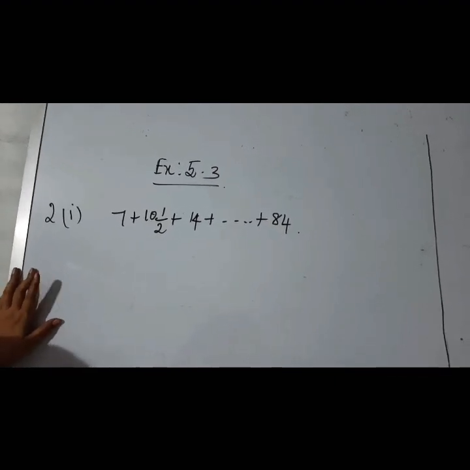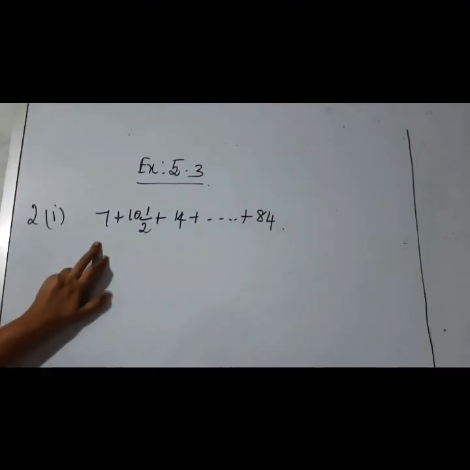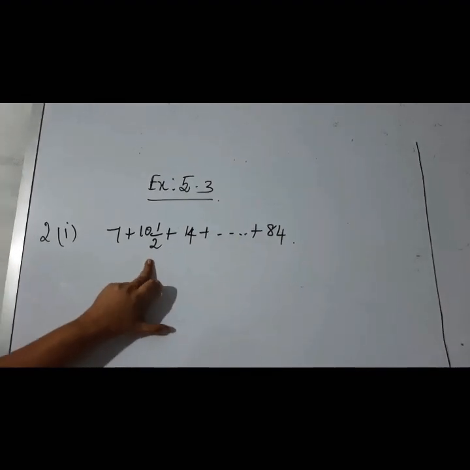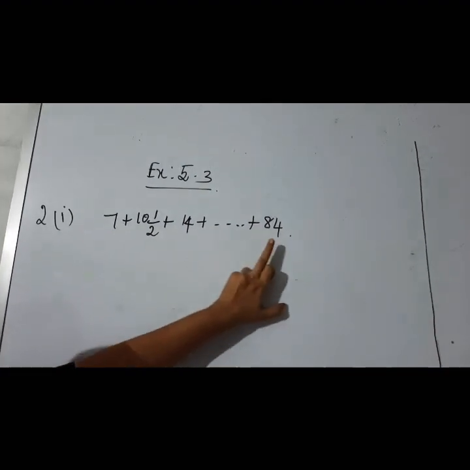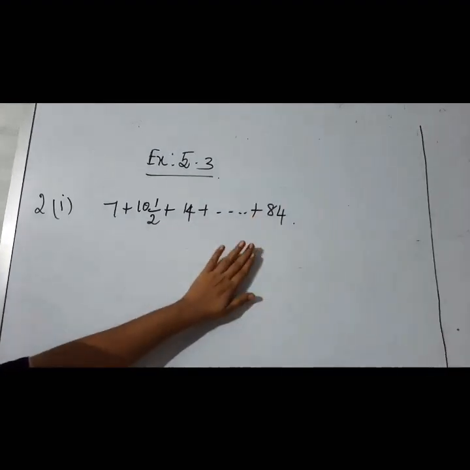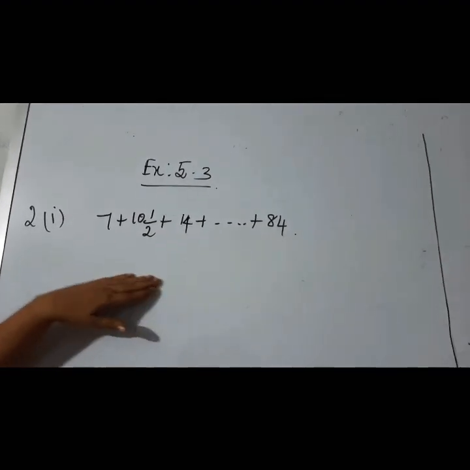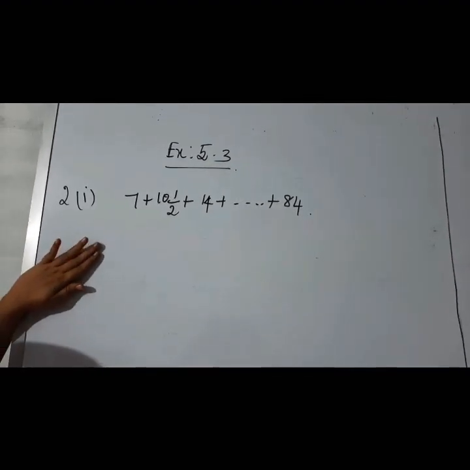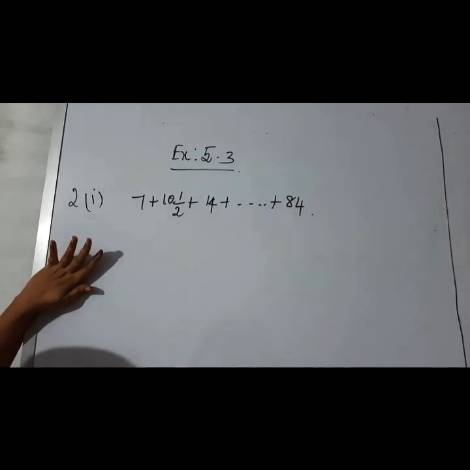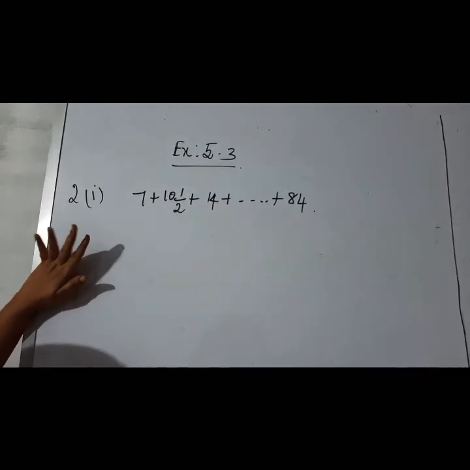Question number 2, subdivision 1. See the given AP: 7 plus 10 1 by 2 plus 14 plus etc., plus 84. It stops with 84. What does it mean? It is a finite AP. We did not know how many terms are there in the AP, but we know that it is a finite AP.